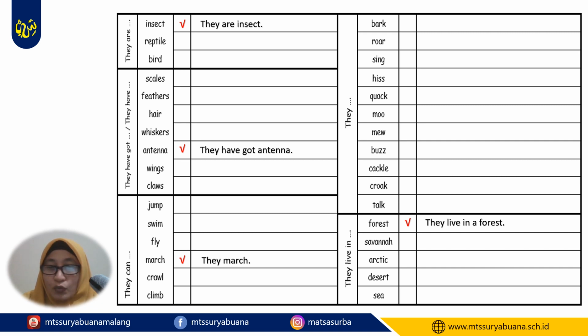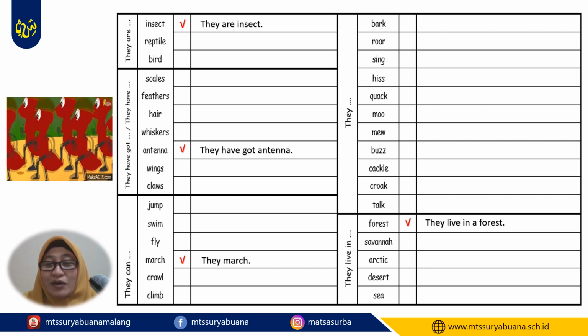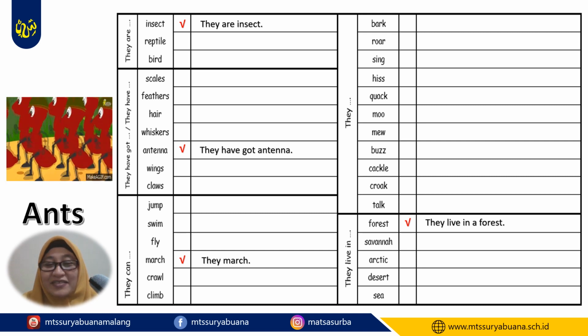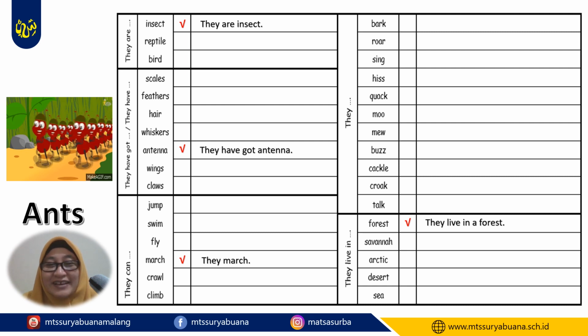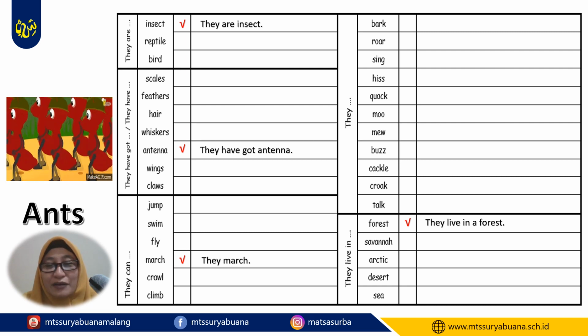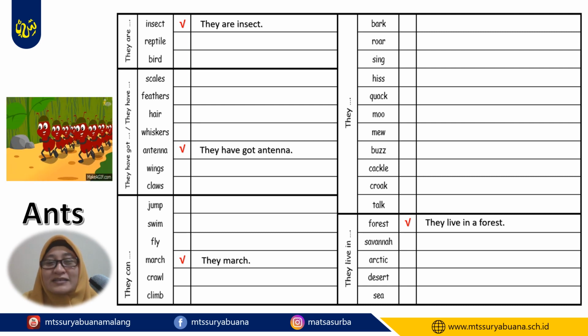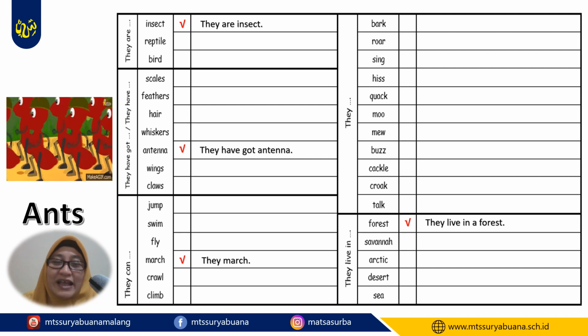So we don't have a characteristic that describes the sounds of the animal, right? Can you guess what animal this one is? Let's see the picture. Wow, they are ants, right? So now you can describe single animal and plural animals.